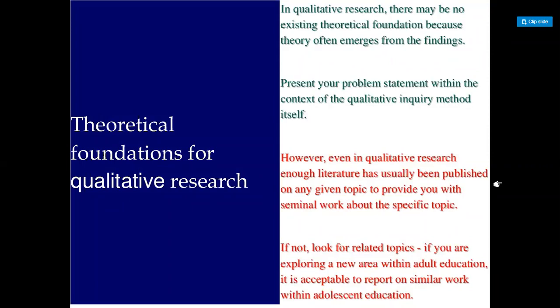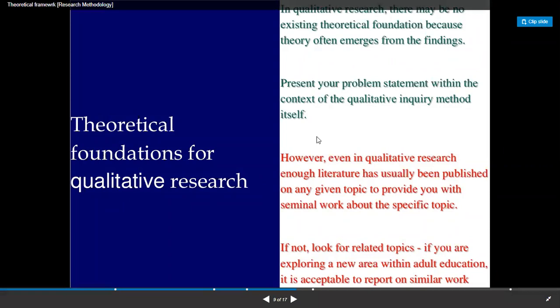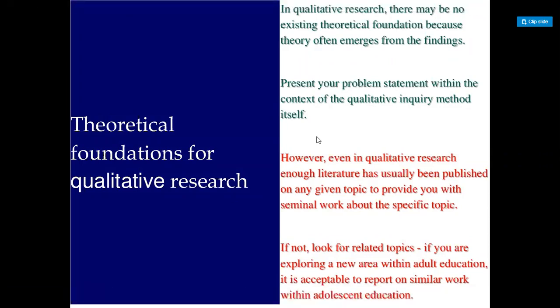For you to make it easier to be understood, right? So here, you're going to present your problem statement within the context of the qualitative inquiry method itself. What you have to take into account is that you're going to use your context with the theory for you to explain it, right? And for you to see how this problem works in your context, right? And that's it.